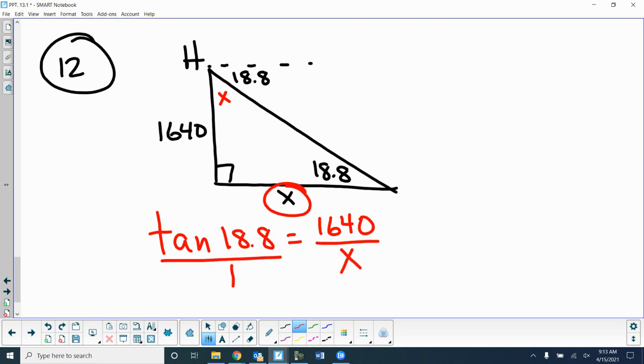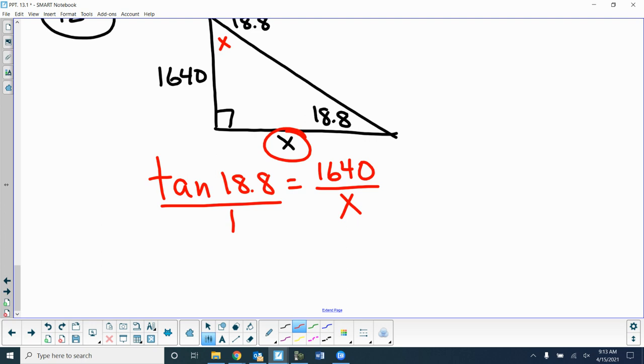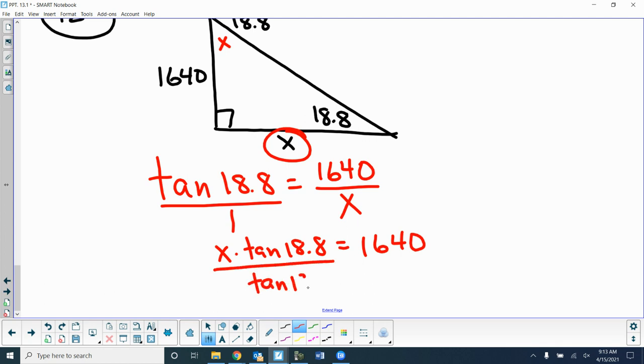Again, a lot of you are better if you do proportions, especially when the X is in the bottom. So when you cross multiply, it's X times the tangent of 18.8 equals 1 times 1640. What do you got to do to get X alone? Divide by the tangent of 18.8. What's that answer?